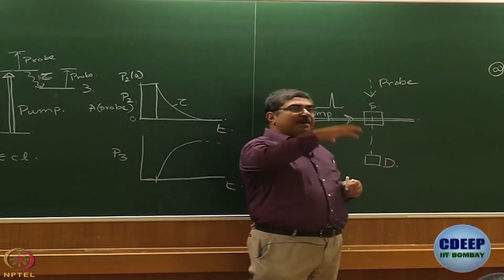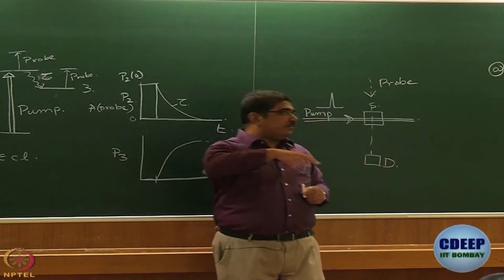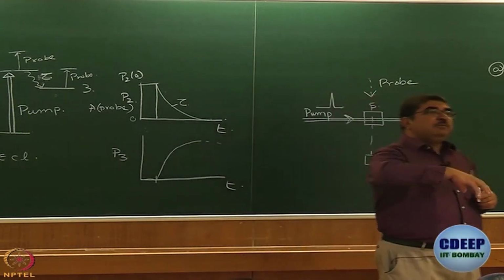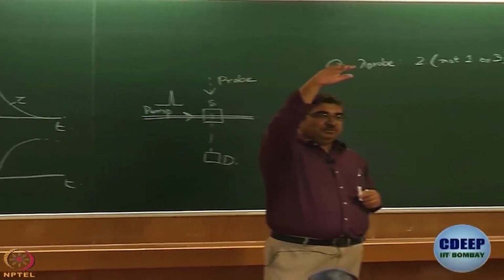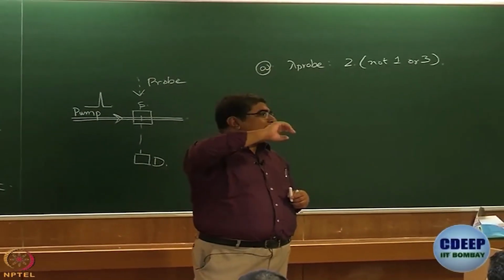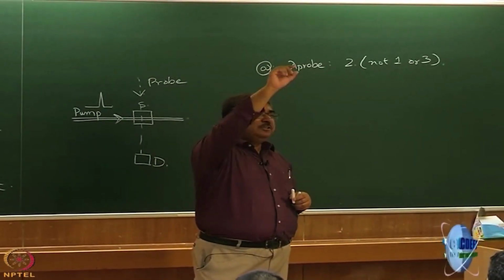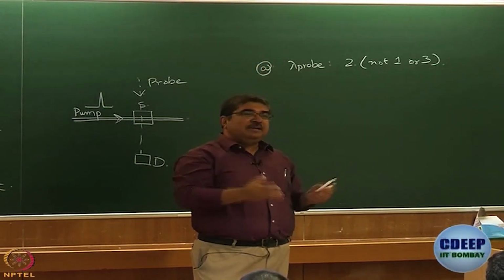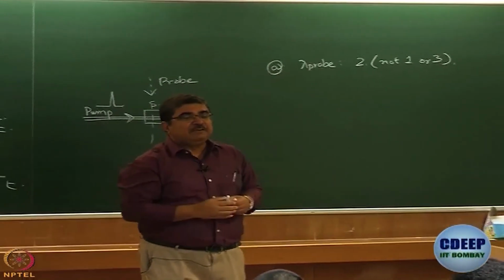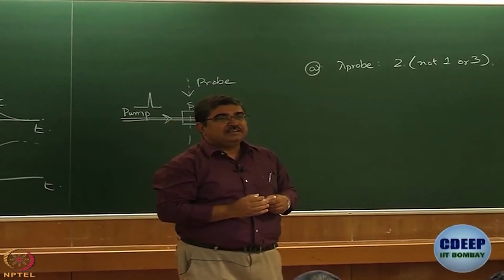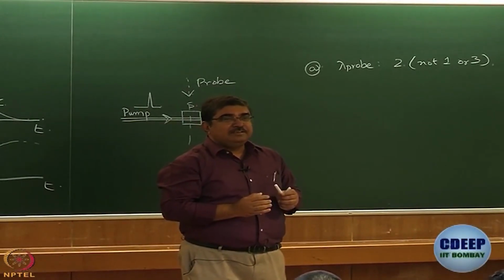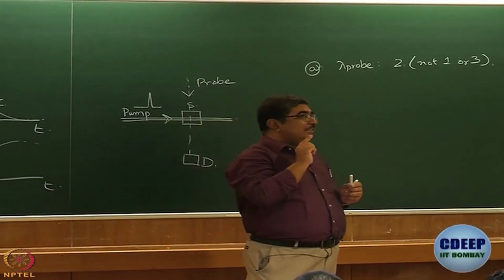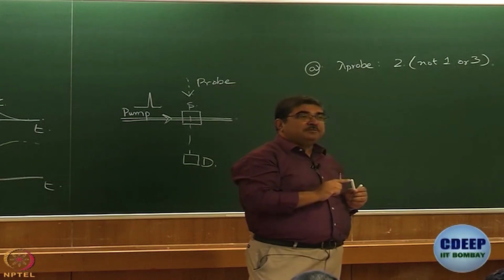Suppose this pump takes, say, 10 to the power 20 molecules to state 2, and the probe takes only 100 molecules from state 2 to some higher level. Then 10 to the power 20 minus 100 is practically equal to 10 to the power 20. Madhu, are you answered?